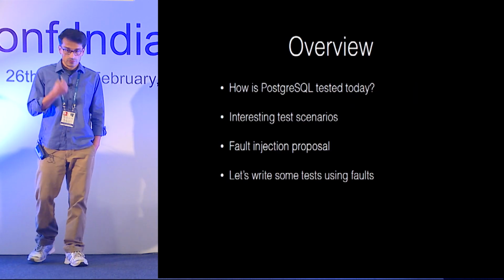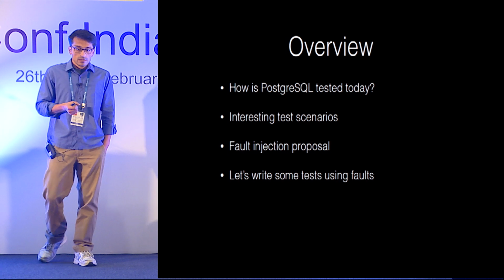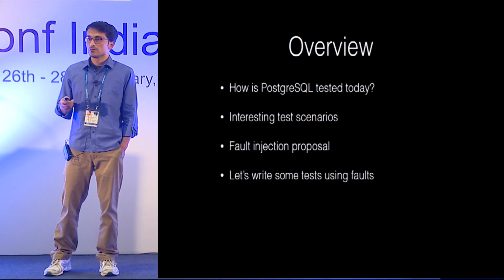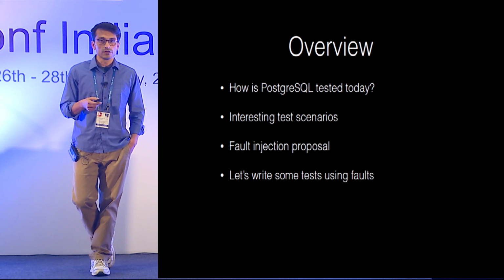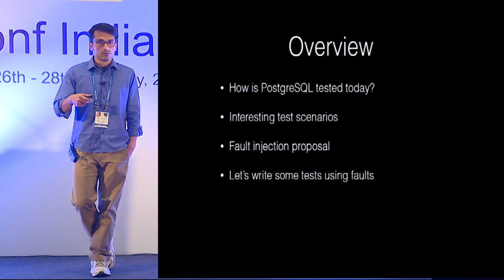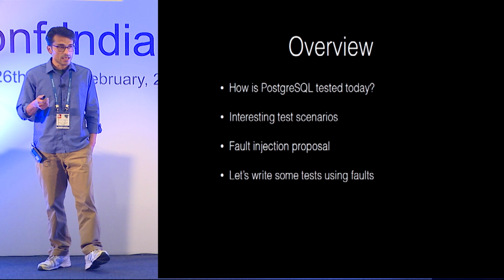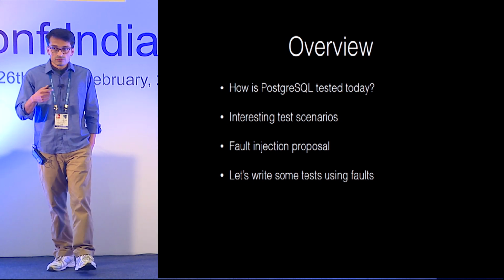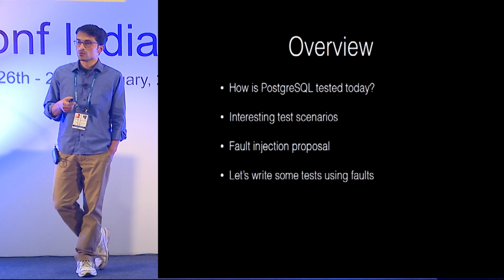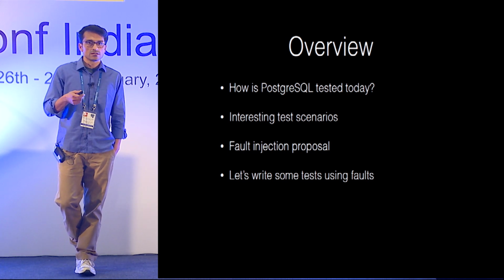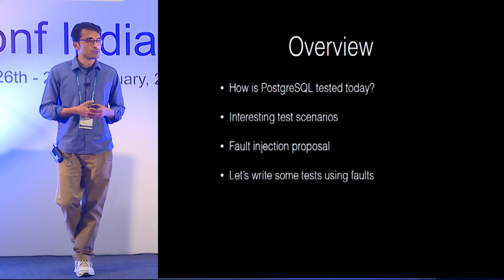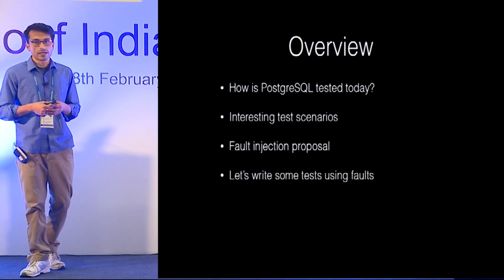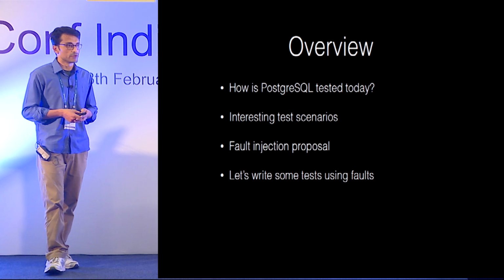So let's see what we are going to talk about today. First, we will go through existing test frameworks that a typical Postgres developer has at their disposal. And then we will see some test scenarios which are otherwise very difficult, if not impossible, to write using what we have already.